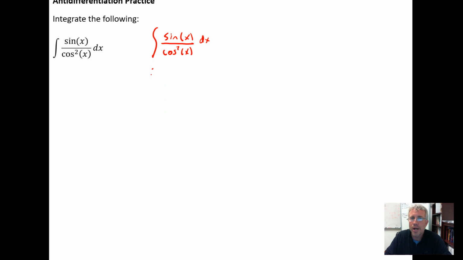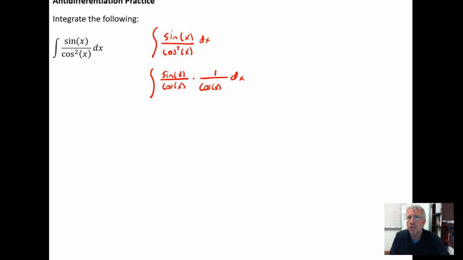And what I want to recognize is that this can be rewritten. I can take that sine x in the numerator and write it over one of the cosines in the denominator. I have cosine squared, so it's cosine x times cosine x. So times, and then I could put 1 over the other cosine function that's in the denominator position.